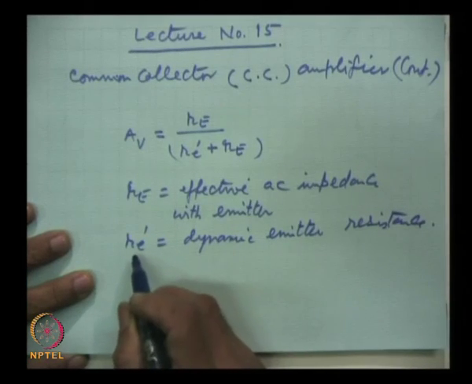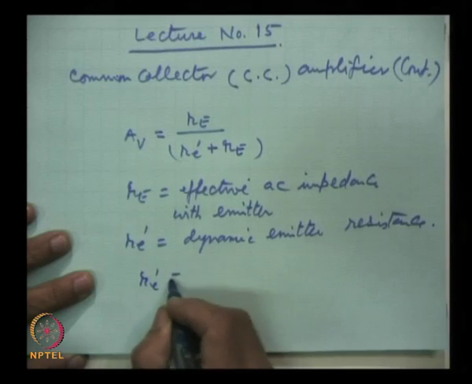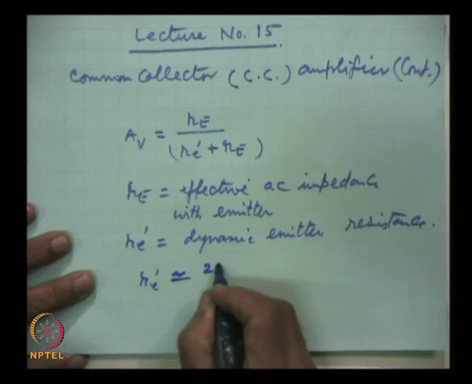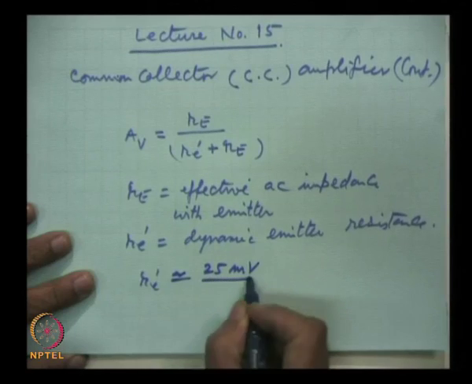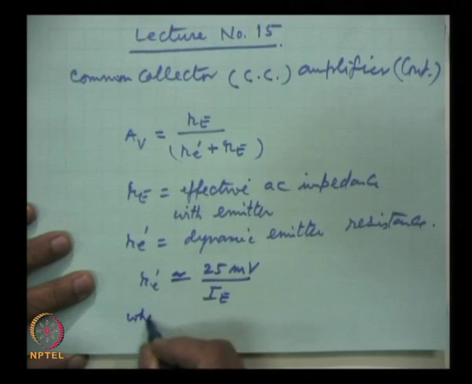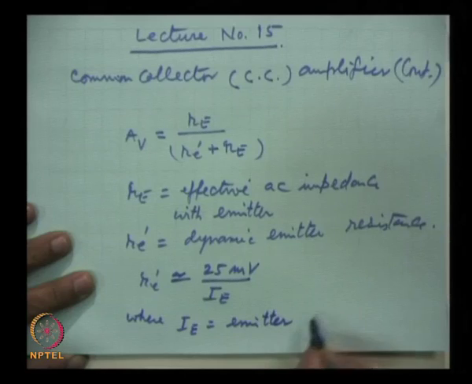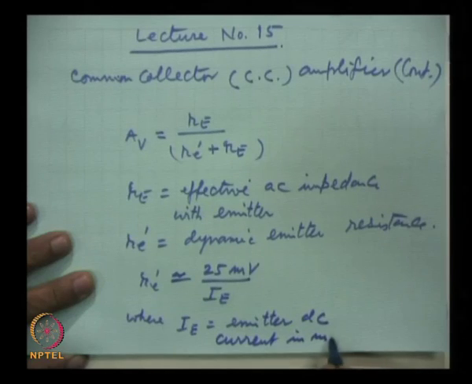This is one of the parameters in r parameter analysis, and this r_e' is given approximately as 25 millivolts, and to be exact 26 millivolts, divided by I_E, where I_E is the emitter DC current in milliamperes.